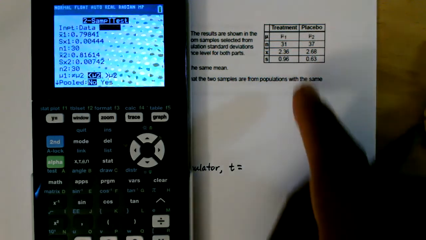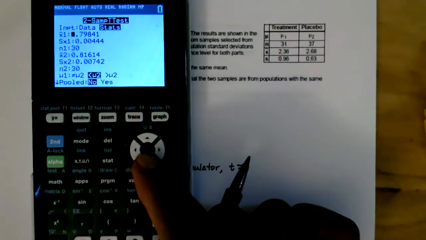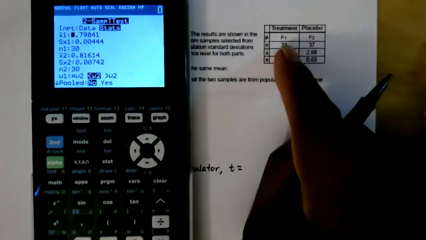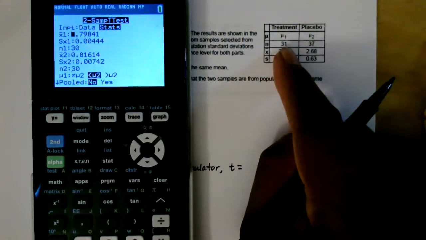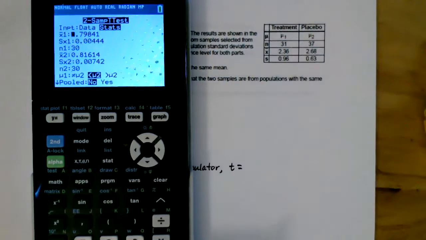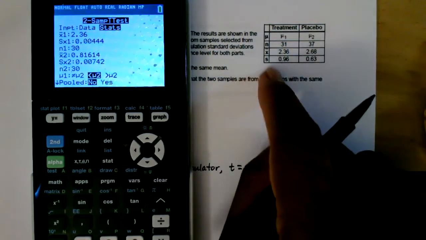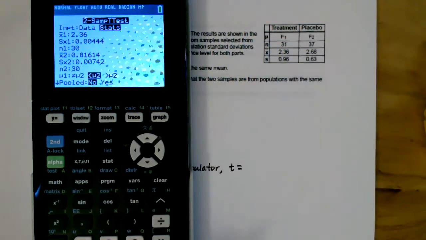We have stats, summary statistics, so stats needs to be highlighted. And now x1 bar, that's going to come from this first column. x1 bar will be 2.36. s1, that's going to be 0.96.